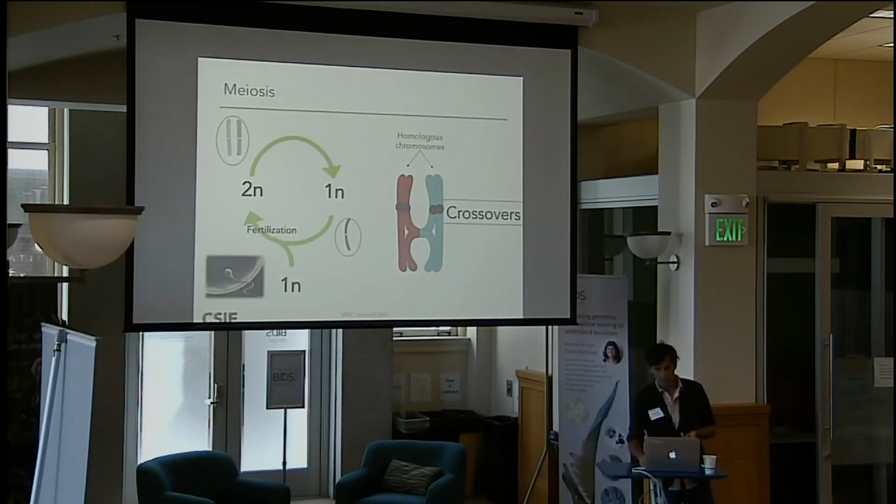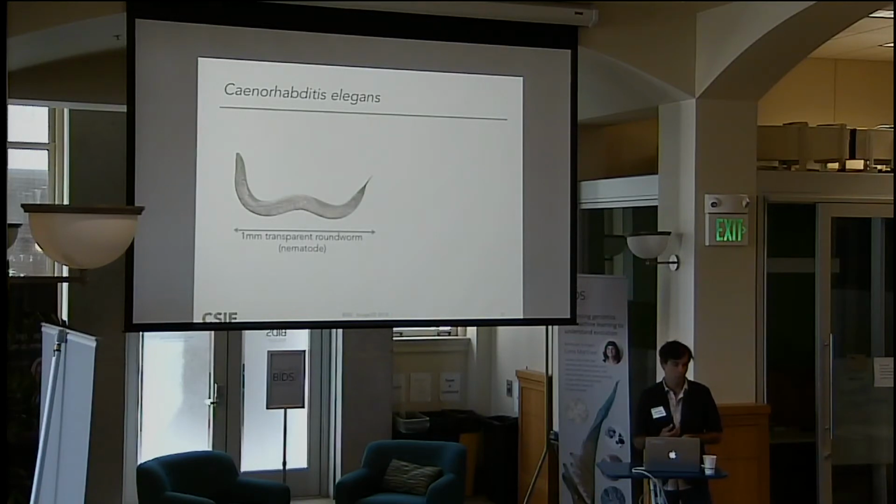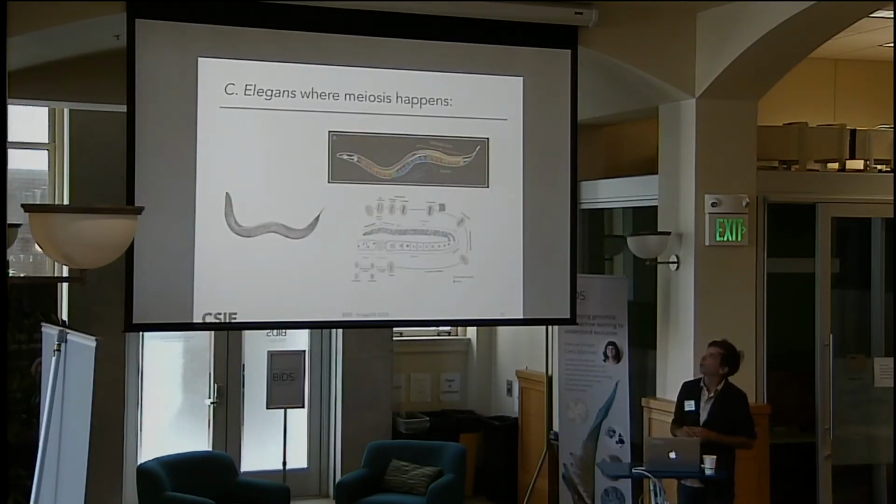They do their study in C. elegans. C. elegans is a small worm, which is very convenient to work with under a microscope, mainly because it's transparent, so you can see through it. It's also easy to fix onto a gel and make it stick there. And you can follow the whole process of meiosis inside the worm.